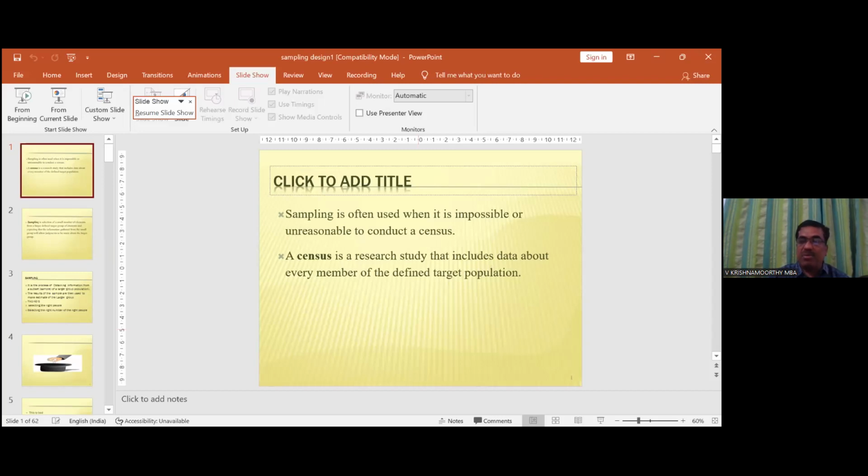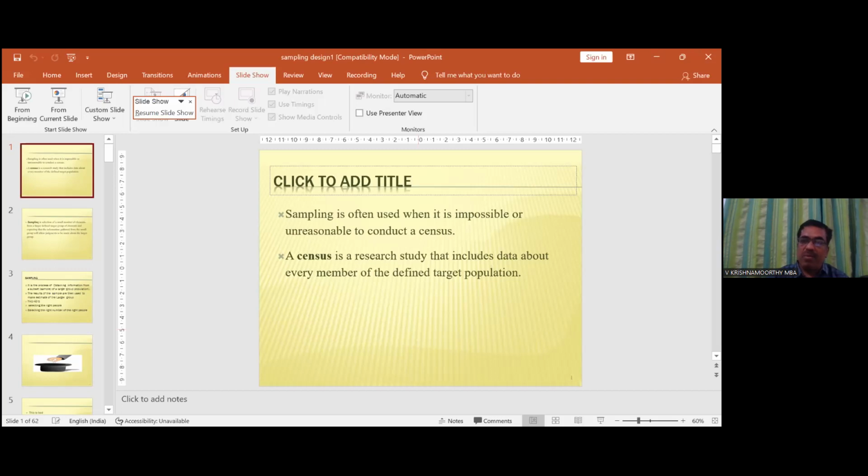In the second session, we have seen what is the review of literature, what are the sources of review of literature, why we should do review of literature, when we should do a review of literature, how to structure the review of literature, which tense is supposed to be used in writing review of literature, what are the different methodologies of writing a review of literature.